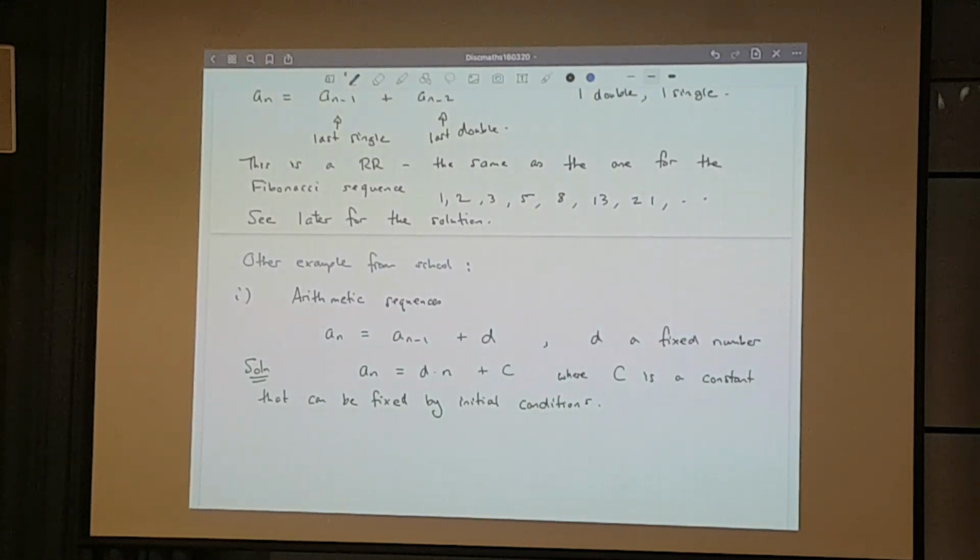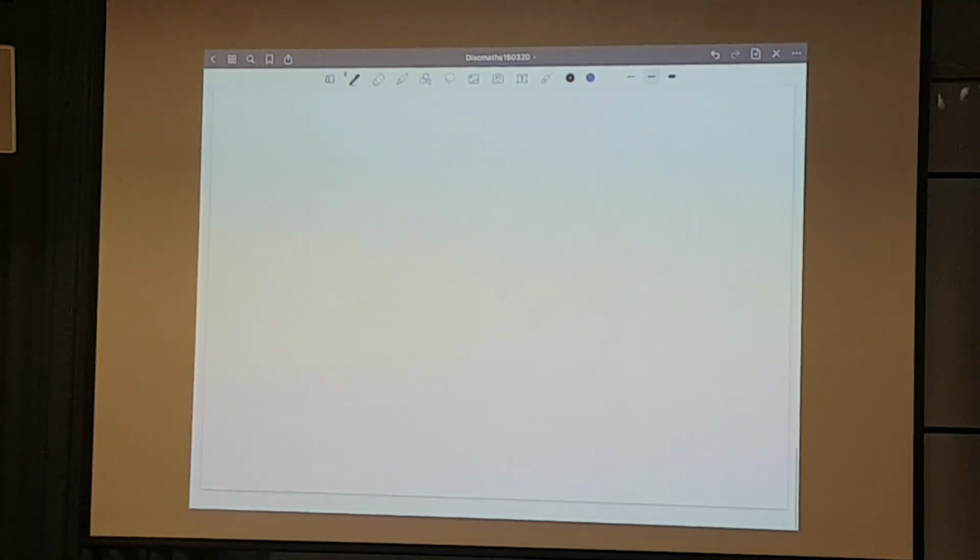So just to see how that works in practice, let's do a simple example. Putting up a few more.